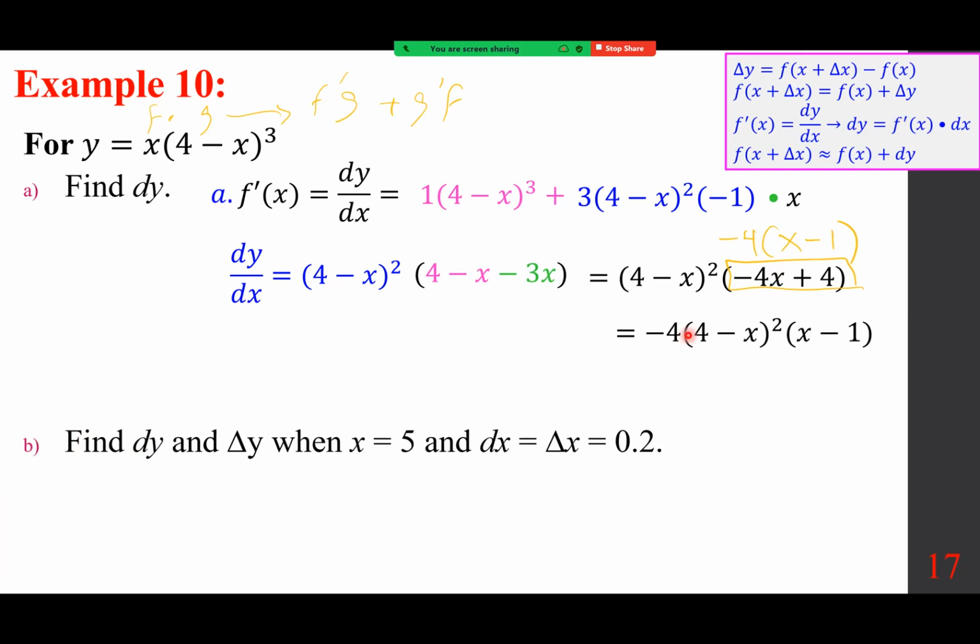So what is dy? The same thing times dx. Now, we want to find both of them, dy and delta y, when x is 5. Replace the x with 5, and dx or delta x with 0.2. This is basic math. Plug in, evaluate.